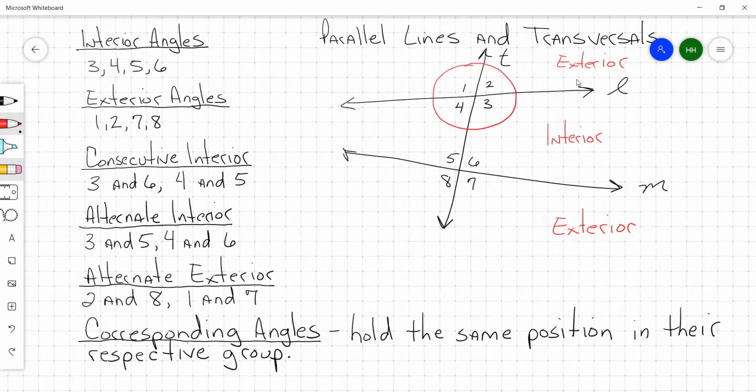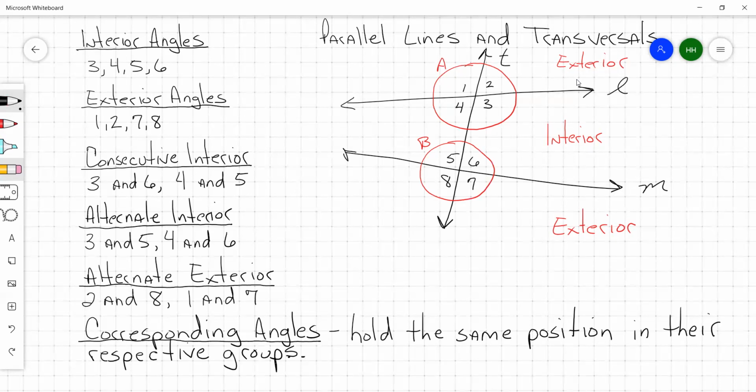And then do you see this group of 4 angles below? Each time 2 lines intersect, it forms 4 angles. So you've got a group up top, I'm going to call this group A, and a group on the bottom called group B. Corresponding angles hold the same position in their respective groups.